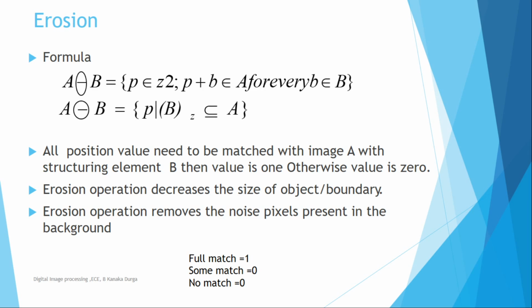Nothing but all the values of the structuring element should match with the positional values of A. So a full match must occur, then only the value is 1, otherwise it goes to 0. Erosion decreases the size of the object, and removes the noise present in the background of the image. So the conclusion we have to remember: all the values have to match, then only 1, otherwise 0. Erosion decreases the size of an object and removes the noise present in the background.